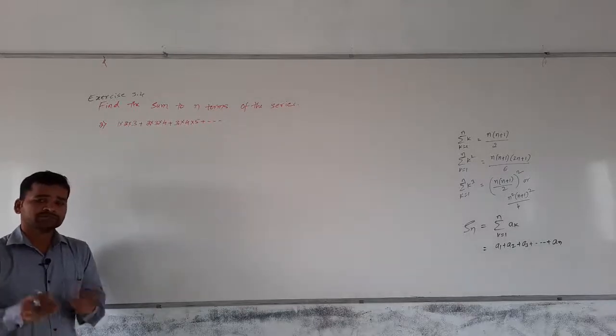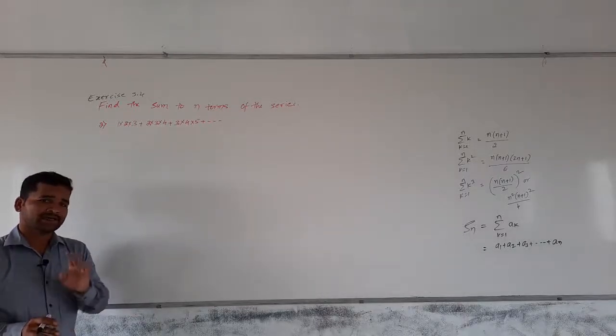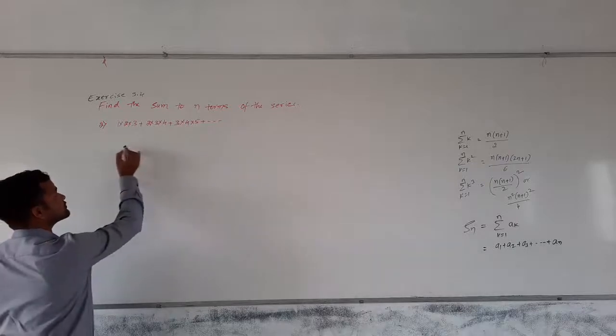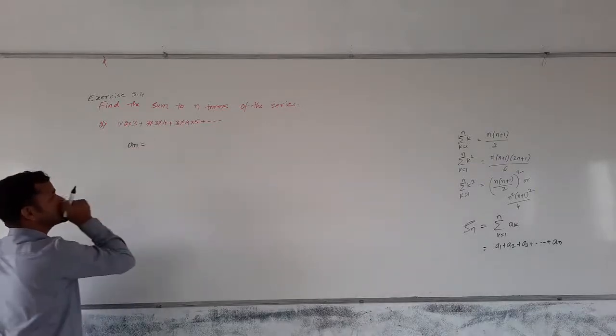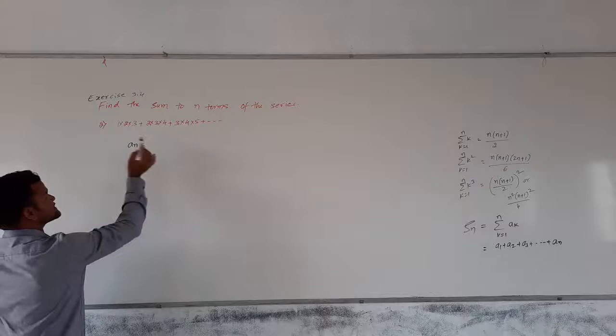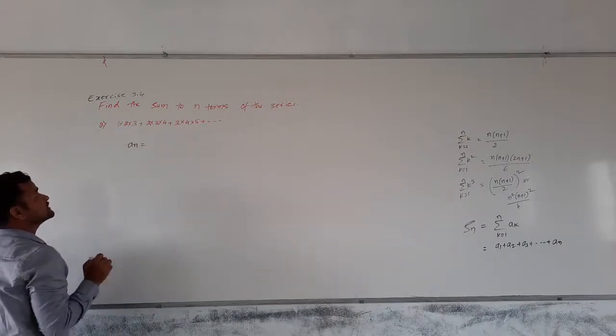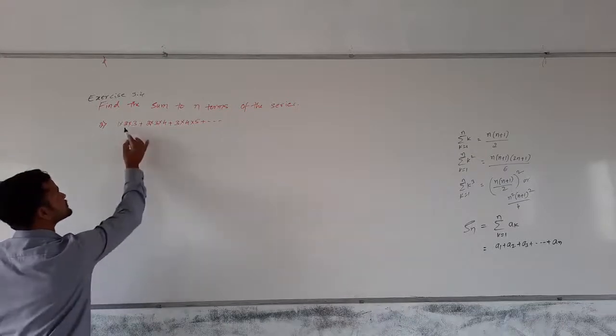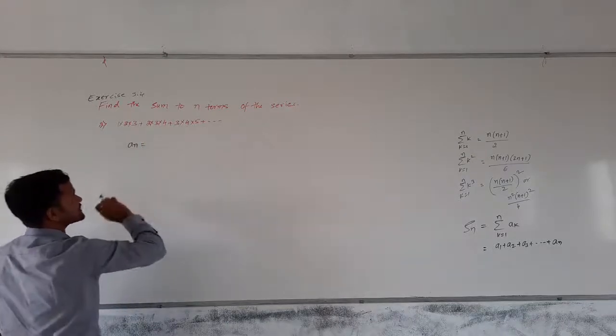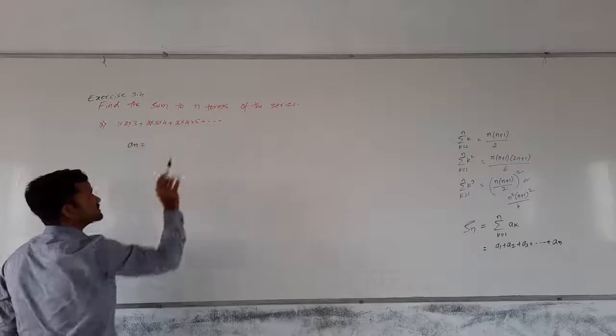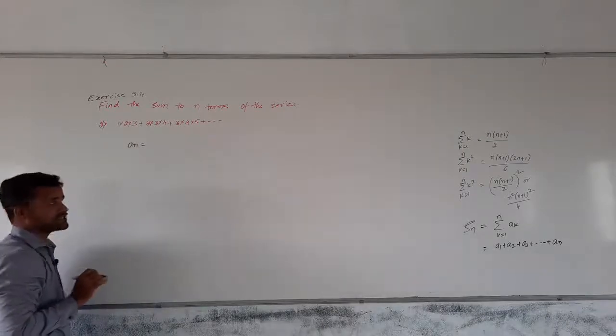Now, first of all, our job is to find the nth term. How will you find the nth term? An is equal to, here you see the product of 3 series are there: 1, 2, 3 is the first sequence, 2, 3, 4 is the second sequence, 3, 4, 5 is the third sequence, like that it is proceeding.